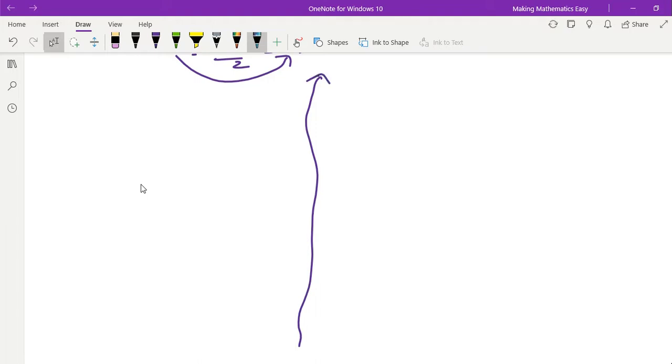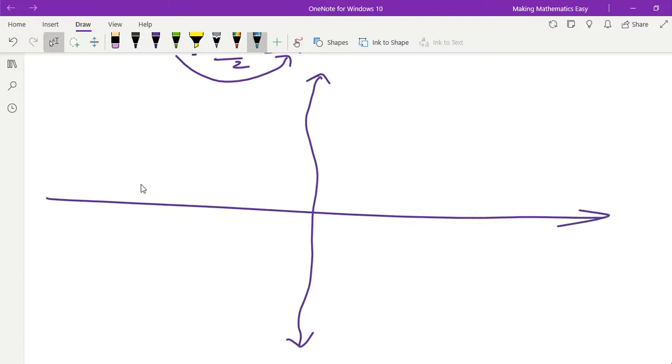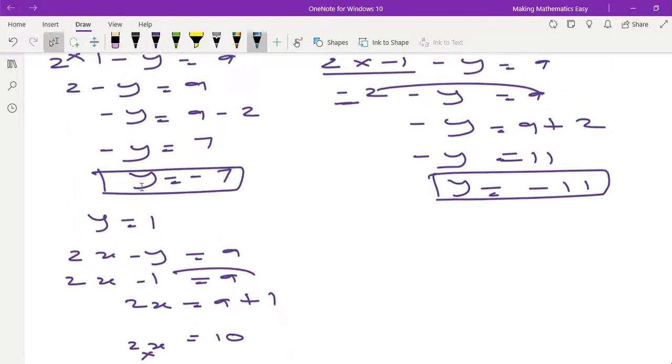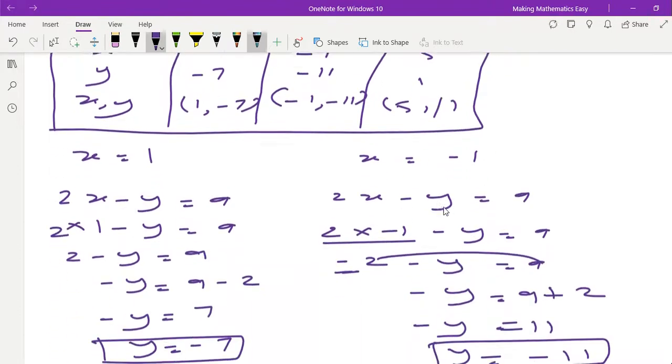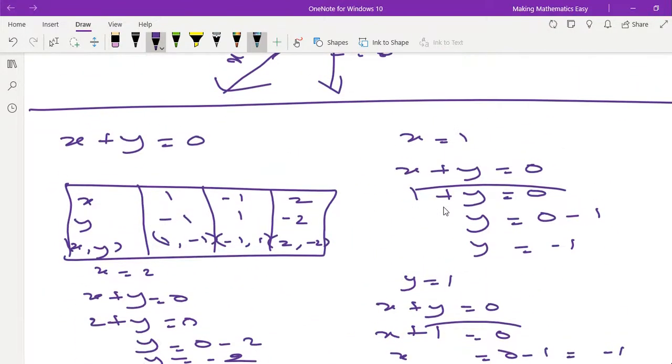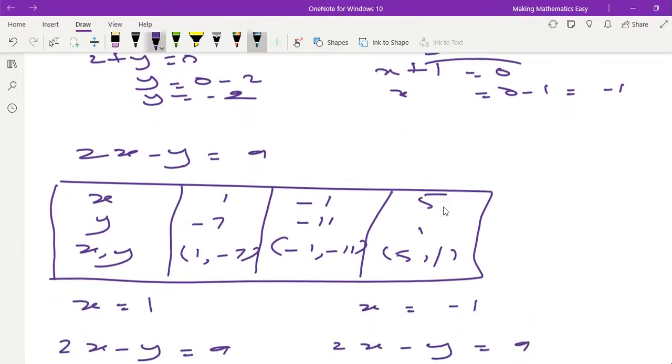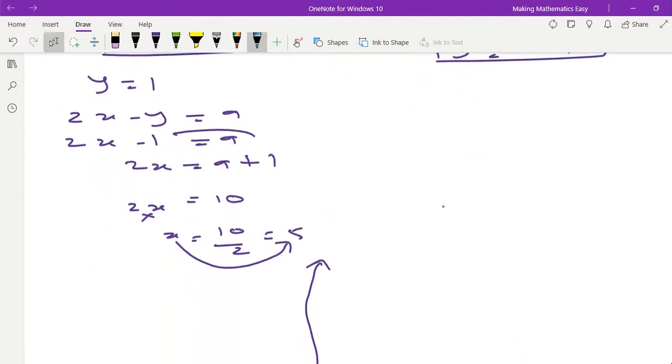Now first let's see what is the highest number on the x coordinate and the highest number on the y coordinate, both ways, positive and negative. So we have up to, this is 1. This is minus 11, minus 7. So we need to take up until here. So minus 7 and minus 11.